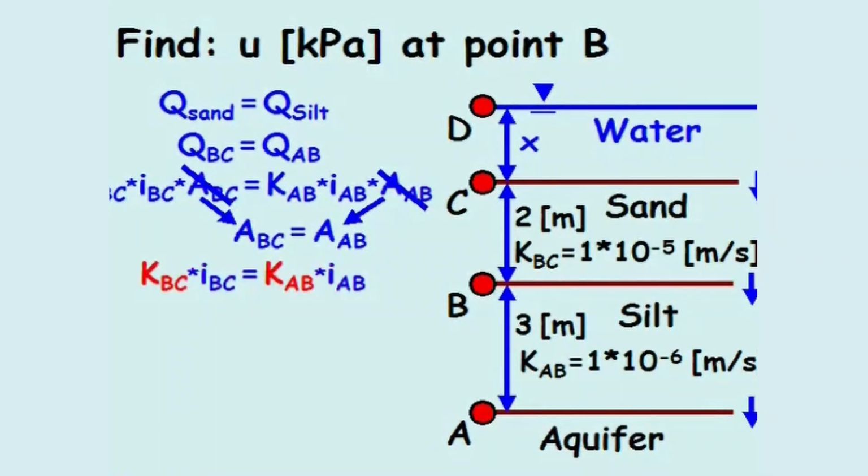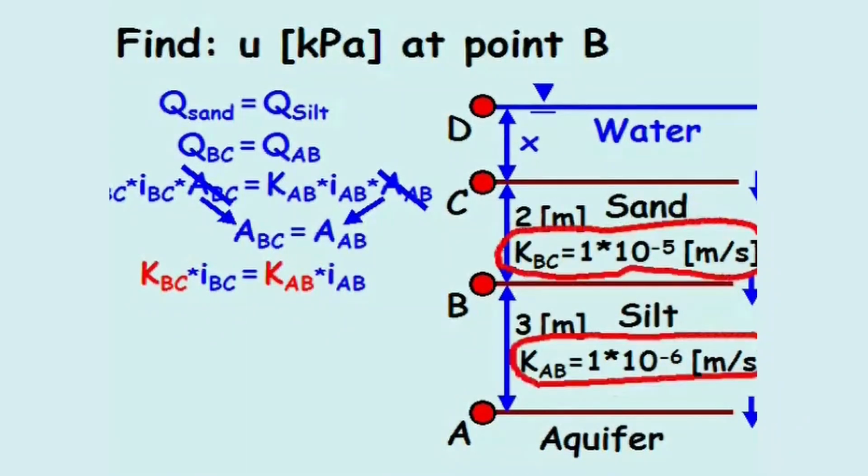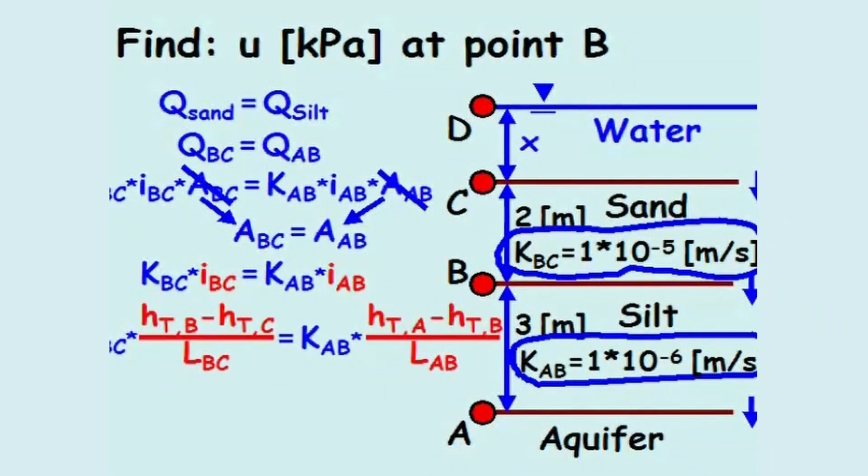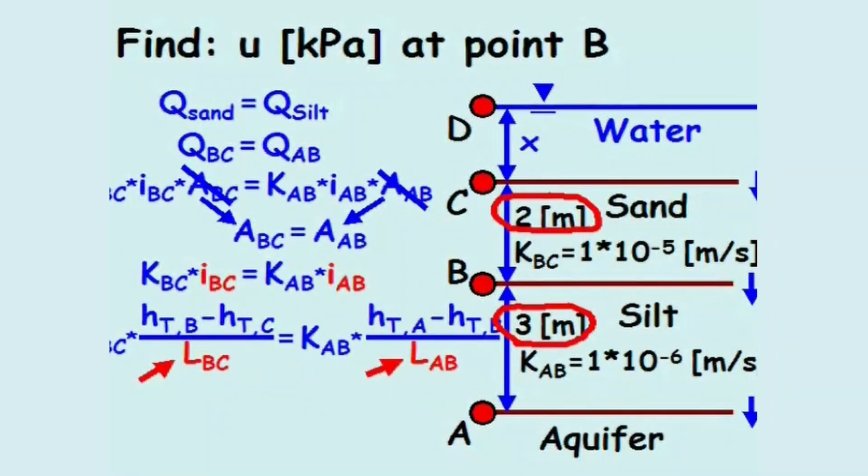Now, we're left with the hydraulic conductivities, both of which we've been given, and the gradients. The gradient is the total head loss divided by the length over which the head loss occurs. These lengths correspond to the layer thicknesses, which we've been given. We also notice the total head values, which we still need to determine.